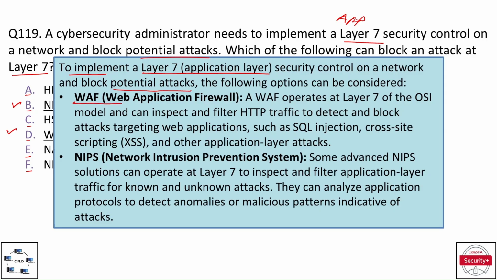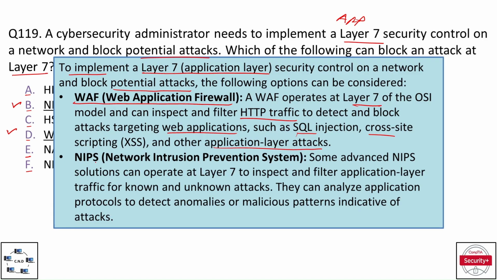Number one is WAF, Web Application Firewall. A WAF operates at layer 7 of the OSI model and can inspect and filter HTTP or web traffic to detect and block attacks targeting web applications such as SQL injection, cross-site scripting, and other application layer attacks.